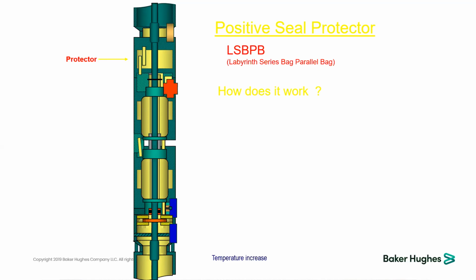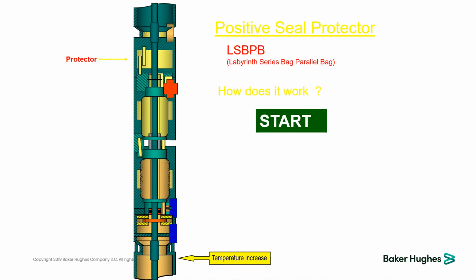Okay, so when you start your ESP system, the temperature goes up, so the fluid from the motor will go inside the bag chamber, and the bag will expand and then the fluid goes to the second bag and expands it as well, and it goes out to the well fluid. So an amount of fluid will go outside the protector or seal section.